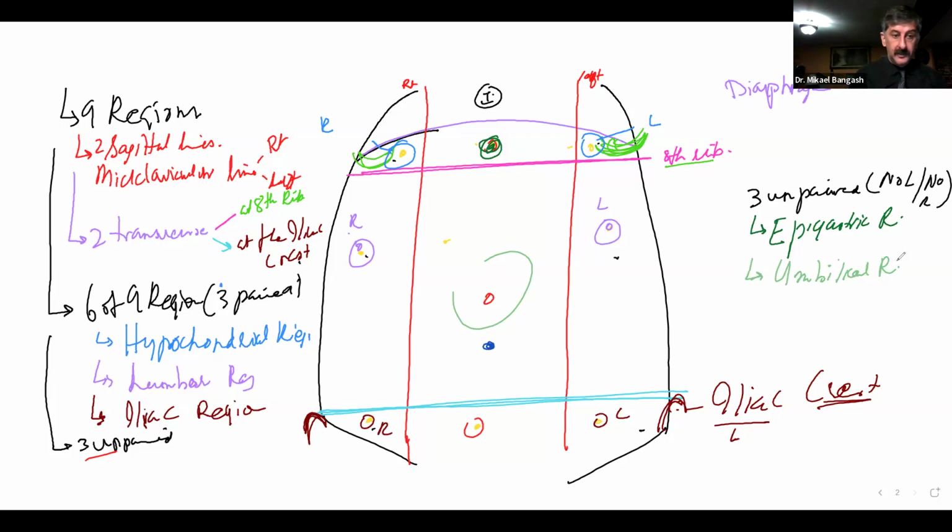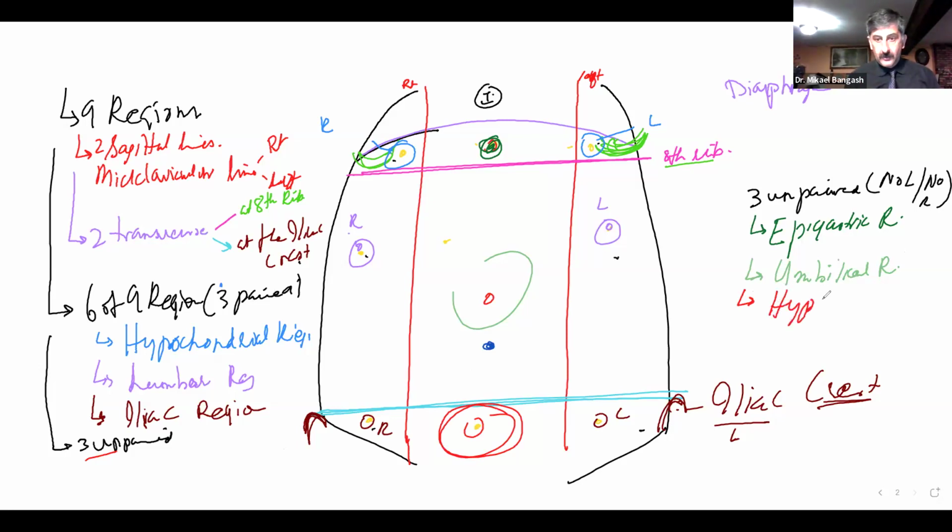Last but not the least is this region here. Strange enough, they call it the hypogastric region.